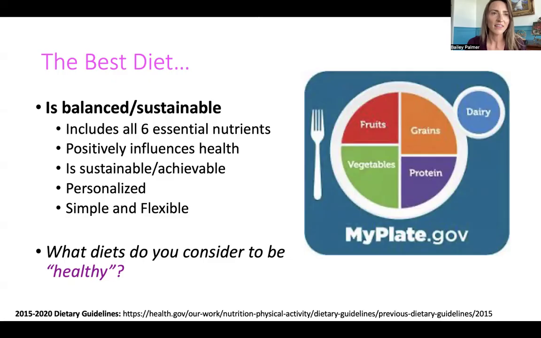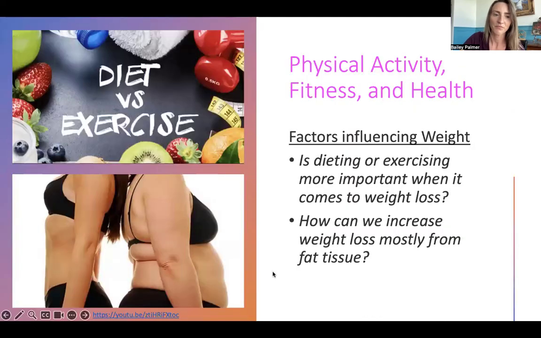For me, a healthy diet involves eating whole foods, foods that don't have a label, such as fruits, vegetables, meats, and grains, things that are naturally occurring. Everyone has their own definition of what health means, so think about what you define as healthy.